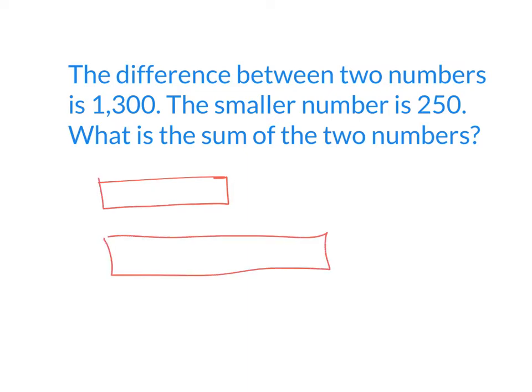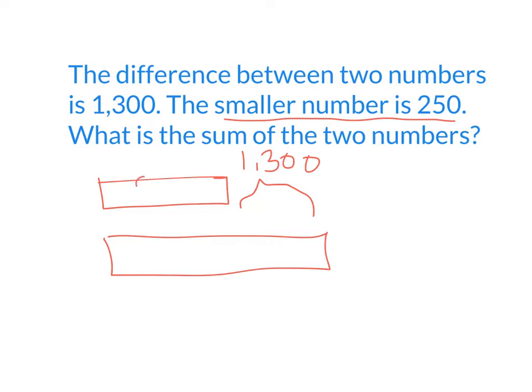So what do we know about the bars? I know that the difference between the two of them is 1,300. Good, so the difference right here, the empty space, is 1,300. What else do you know? The smaller bar is 250.